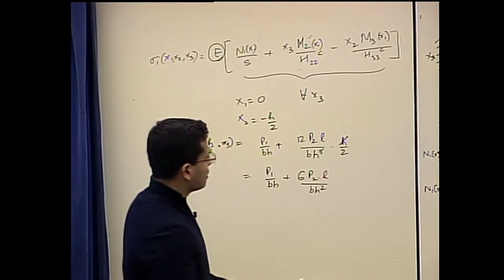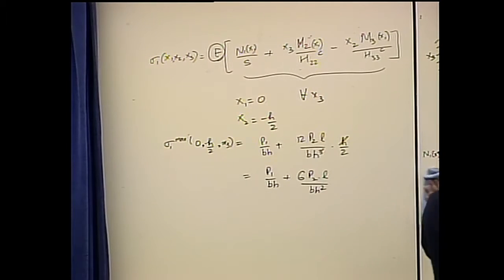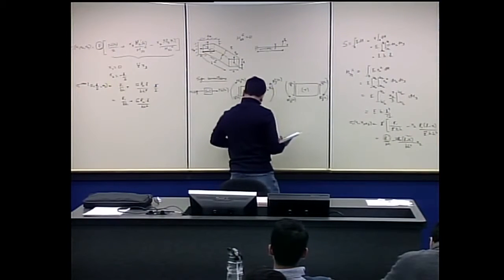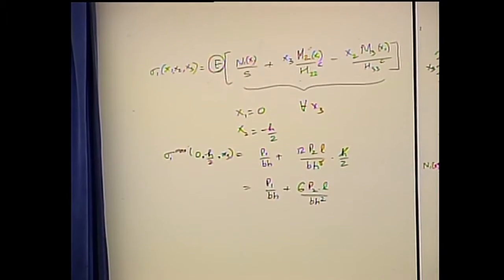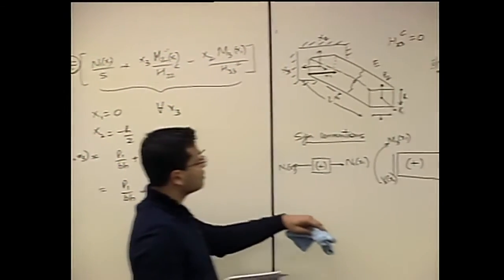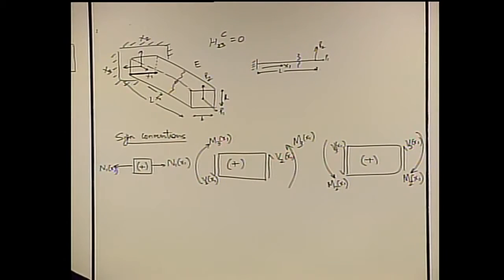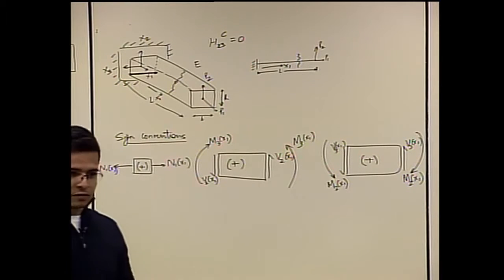Okay, another important observation here. At the root, now that the maximal stresses came at the root, there are tensile stresses at the root and there are compressive stresses at the root. Tensile stresses are positive in nature, compressive stresses are negative in nature.